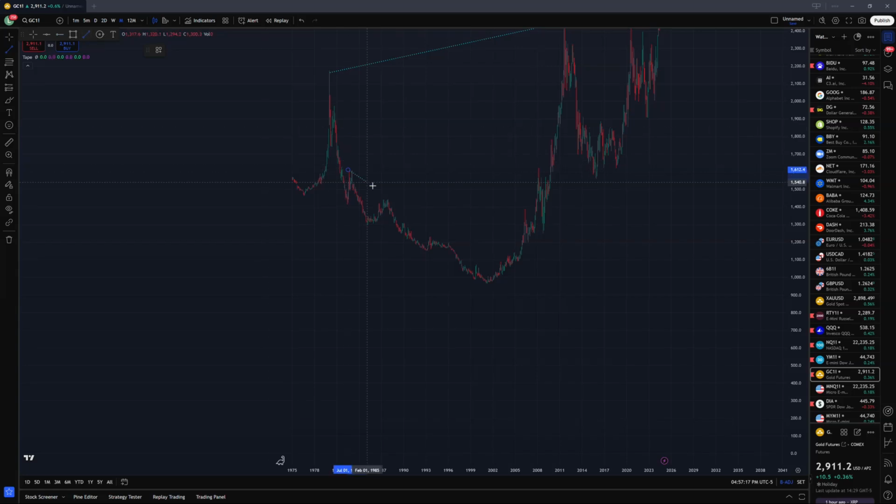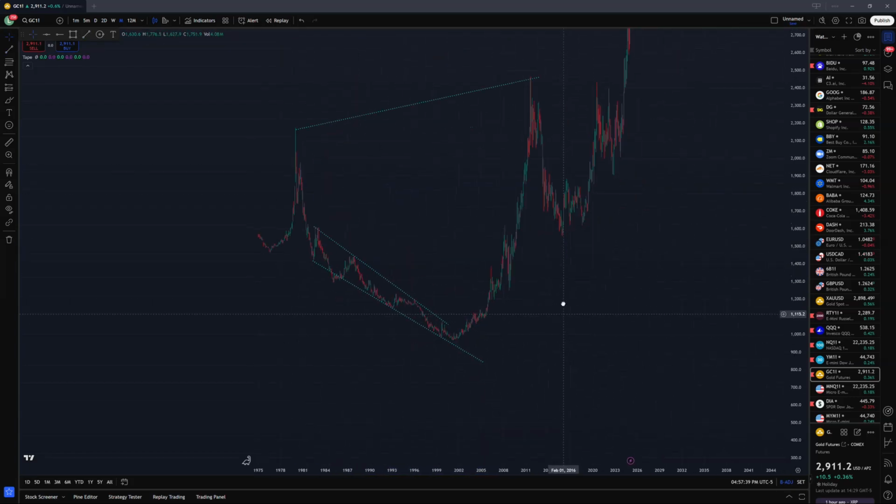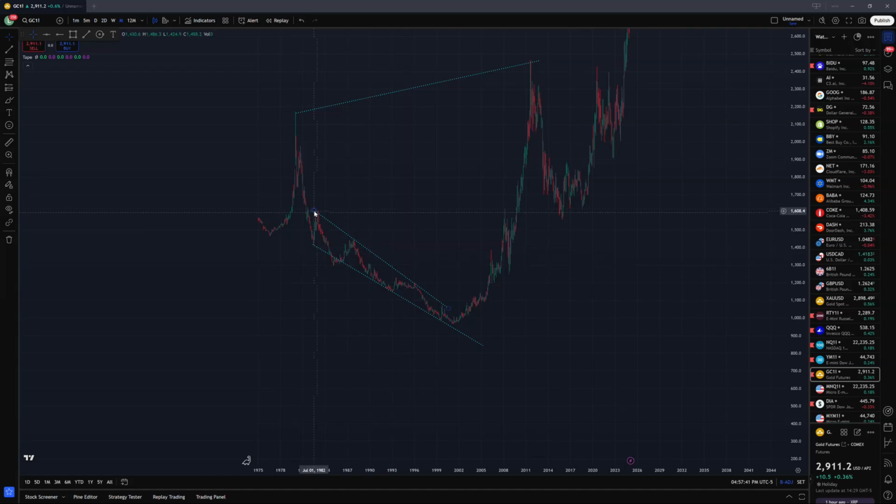This would be a lower high. You want to look at the lows as well. You see how the previous low is higher than the next low? Market is creating lower highs and lower lows. And that, you feel me, tells me we're downtrending.